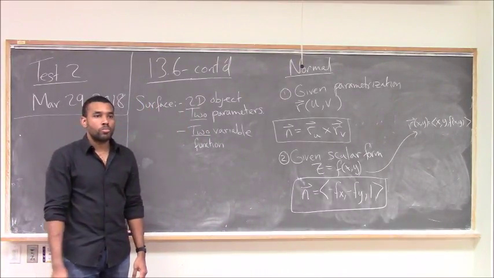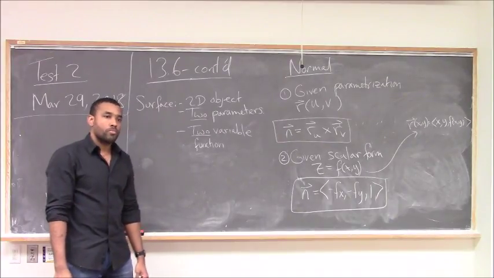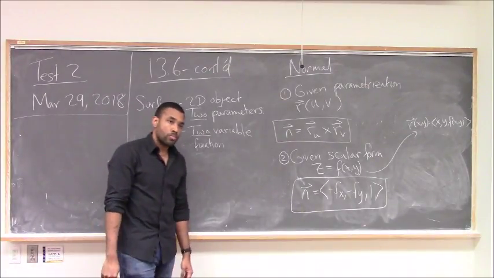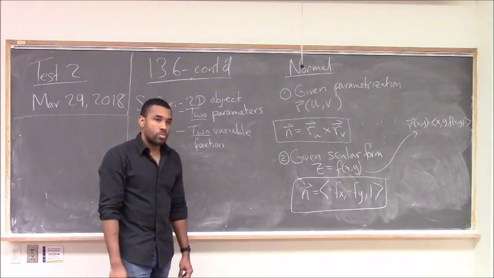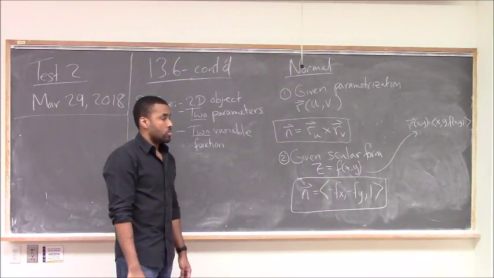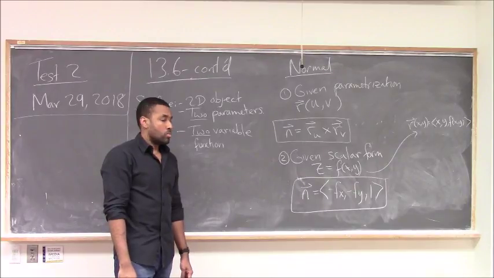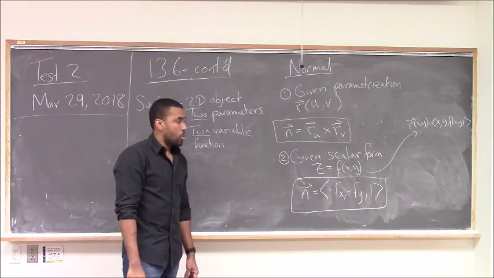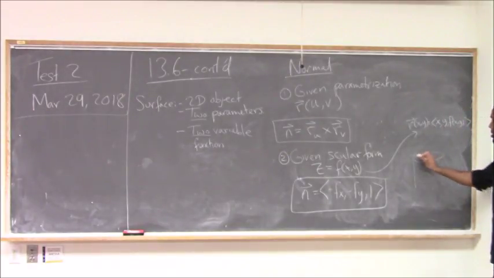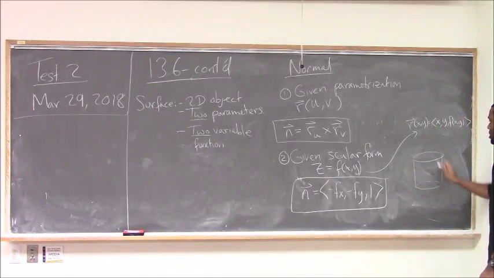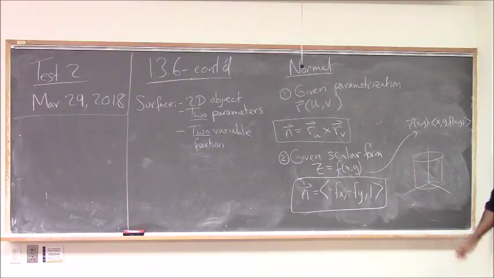For example, if you have a surface containing the top part and the bottom part. So it would be the equation of a cylinder. Oh, that doesn't really have a top and a bottom part, really. But okay, so let's say you have a cylinder pointing like that. Okay.